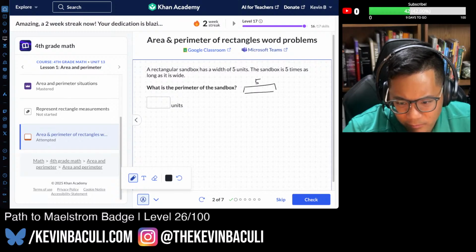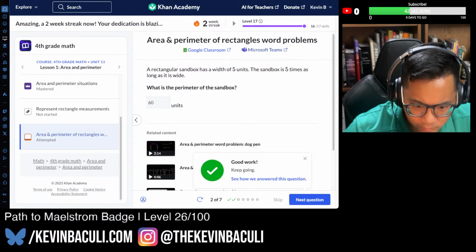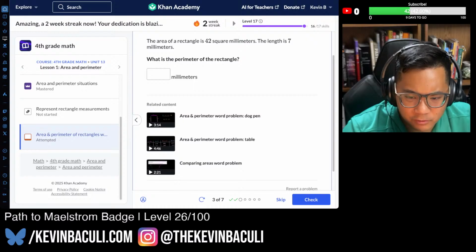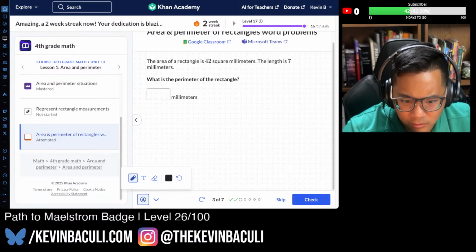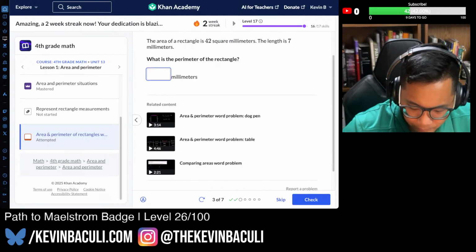Sandbox is 5 times. $25, 60. The area of a rectangle is 42 square millimeters. The length is 26.